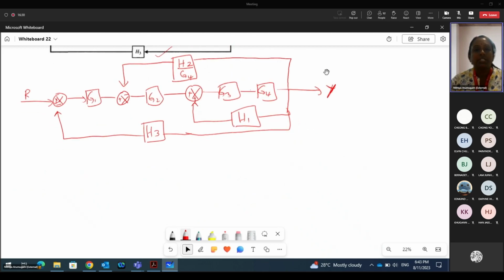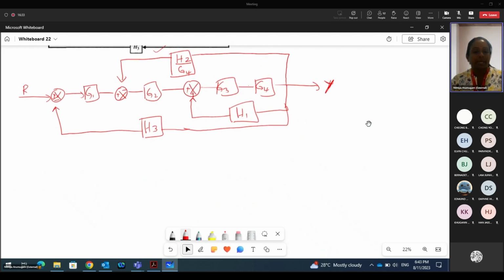Okay, so this is our current block diagram. Here, if we notice, we have the G3, G4 at this position. The G3, G4, and H1 can be combined by eliminating the H1 loop.